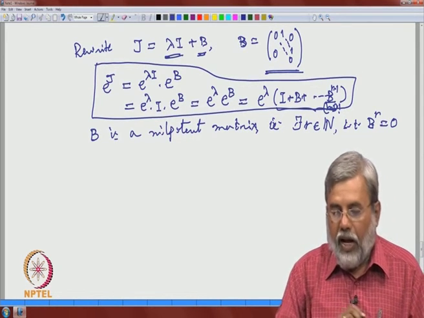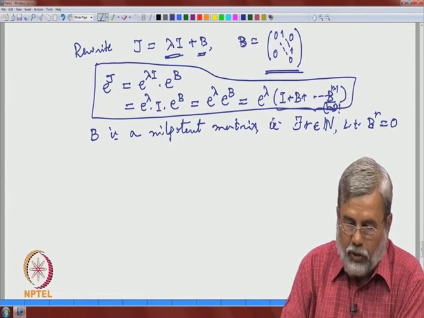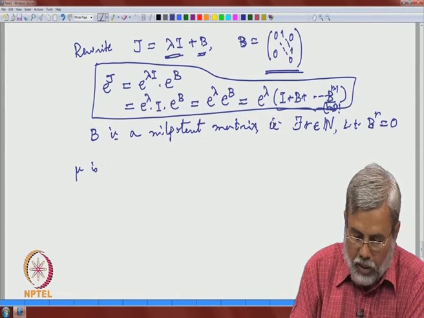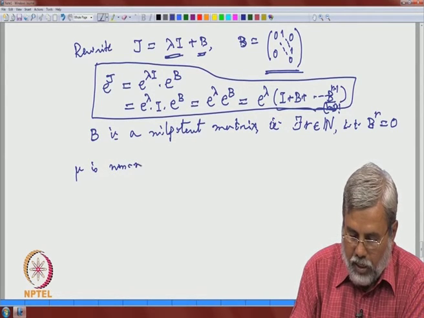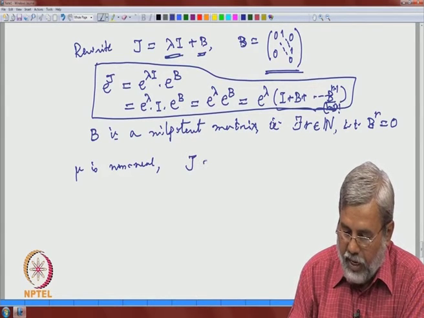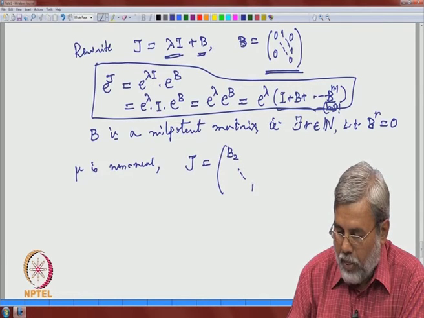Okay. And in case lambda is non-real, so suppose mu is non-real, then we have this J as block with lambda replaced by B2 and identity blocks I2 on the super diagonal.